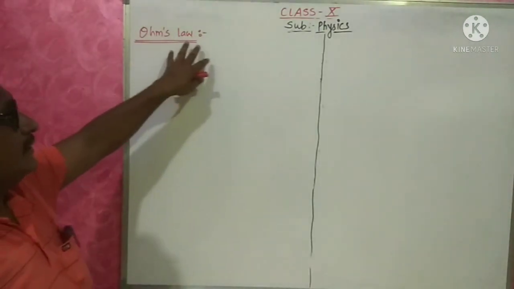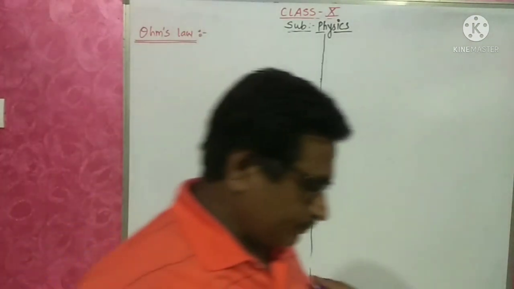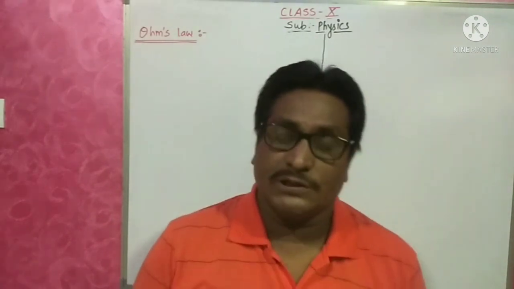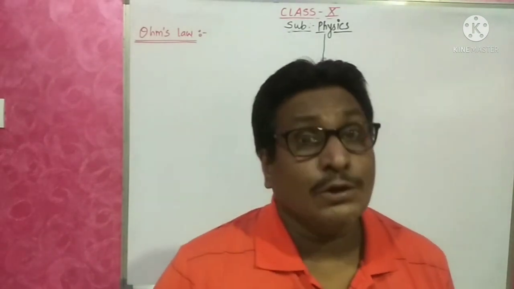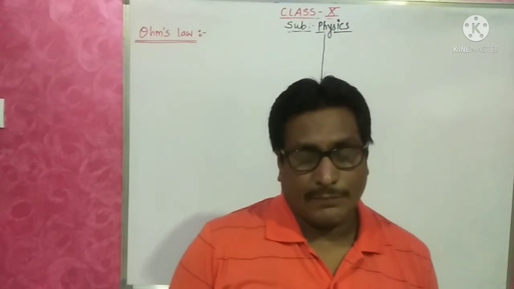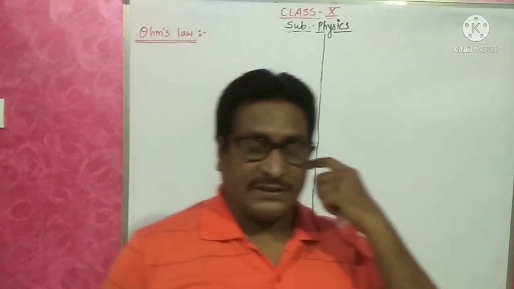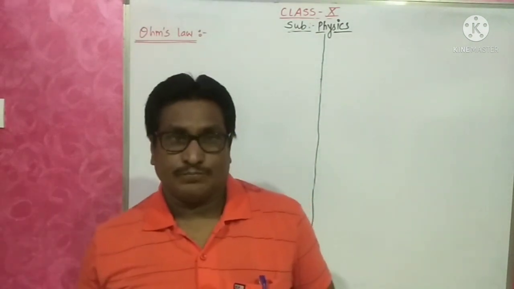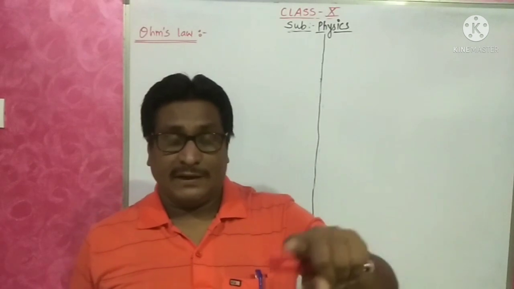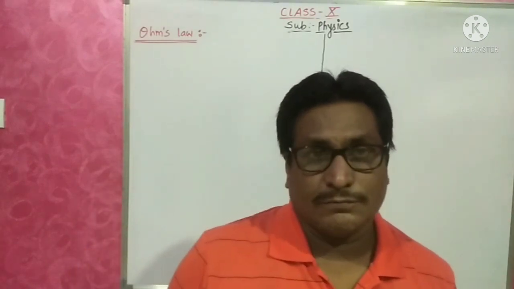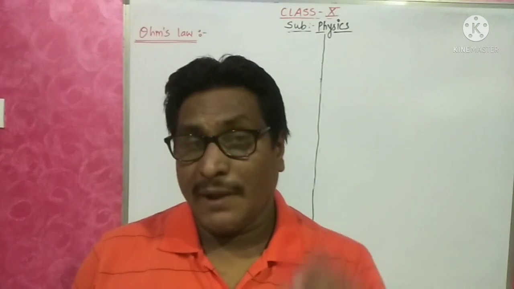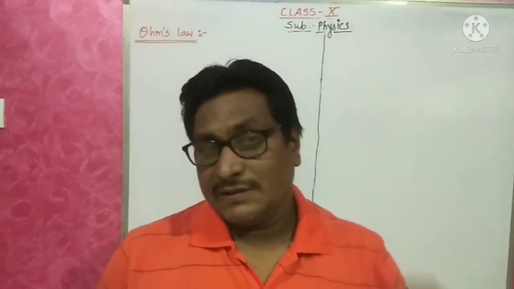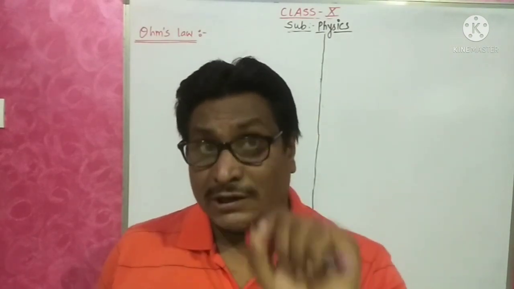So first we will write the definition of Ohm's law. George Simon Ohm. Who gave this law? George Simon Ohm. Be careful. Sometimes in physics, for 1 mark they will ask the scientist name. Like in current, Andre Marie Ampere. Potential difference, that is Alessandro Volta.